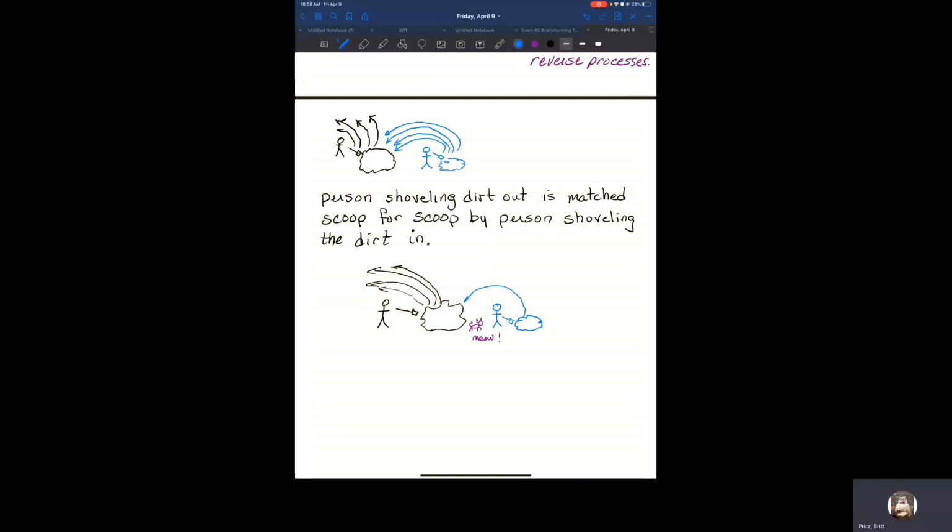This is what happens when we put salt down on the ice. My salt is the kitty. This blue shoveler is the process of moving the liquid back to the solid state.